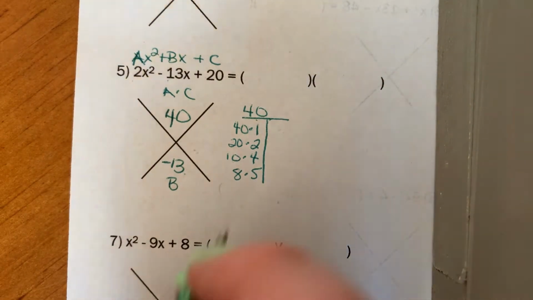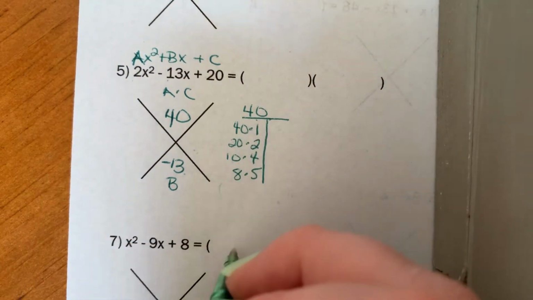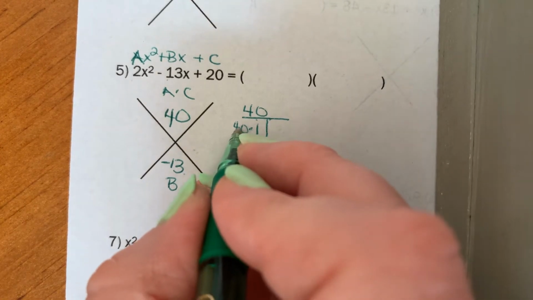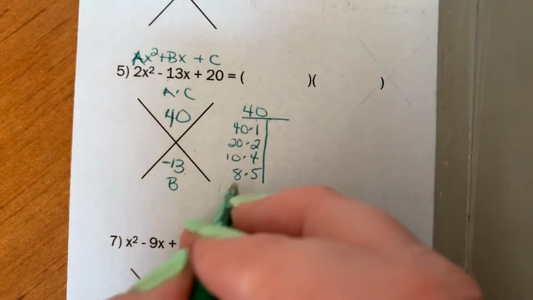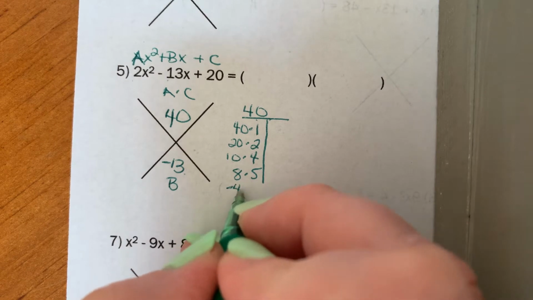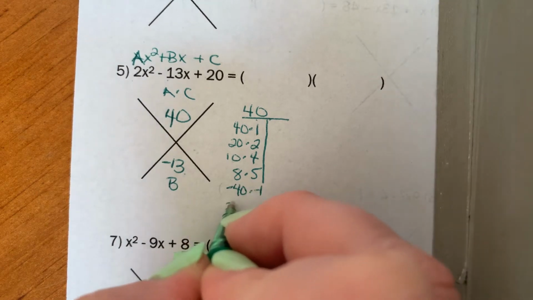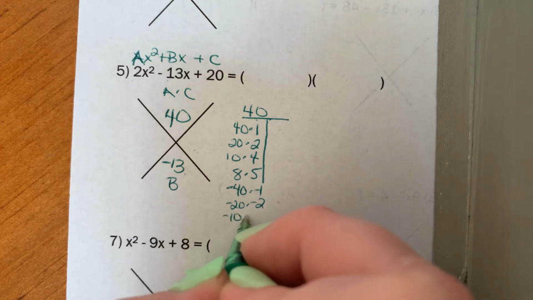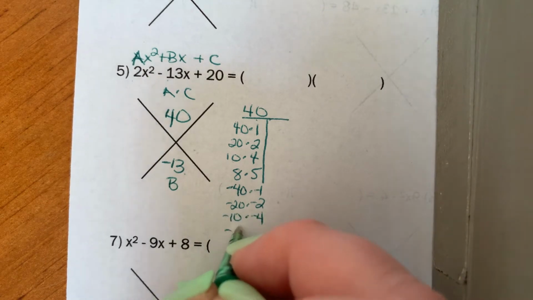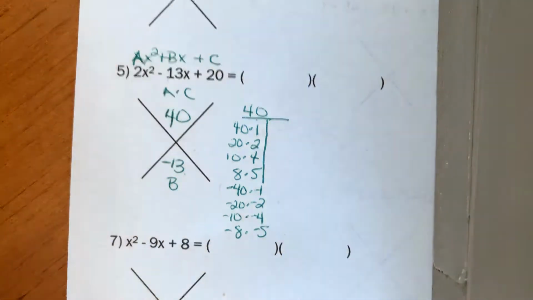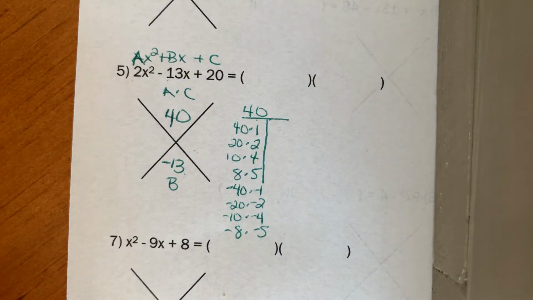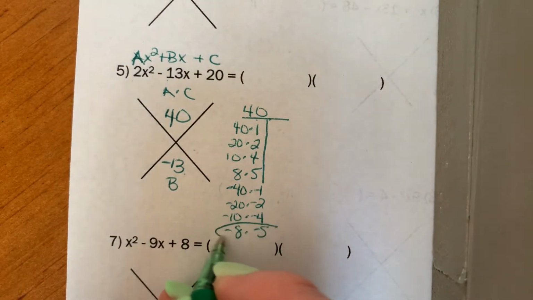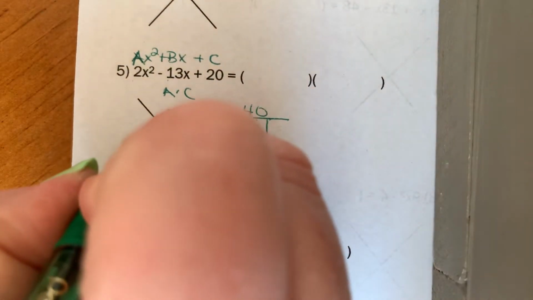Or you can do negative things, because a negative and a negative is going to give you back that positive. So negative 40 times negative 1, negative 20 times negative 2, negative 10 times negative 4, negative 8 times negative 5. Trying to figure out which one of these add to give you negative 13, it's going to be the negative 8 and negative 5.